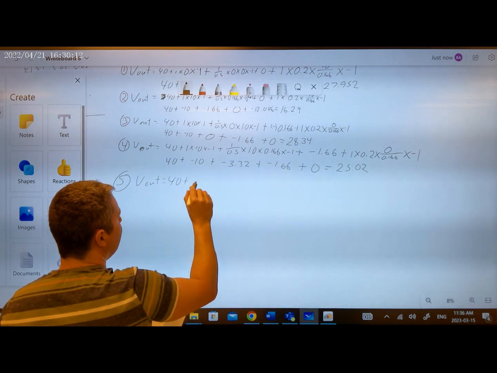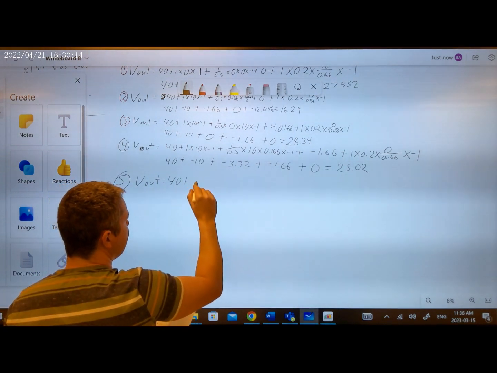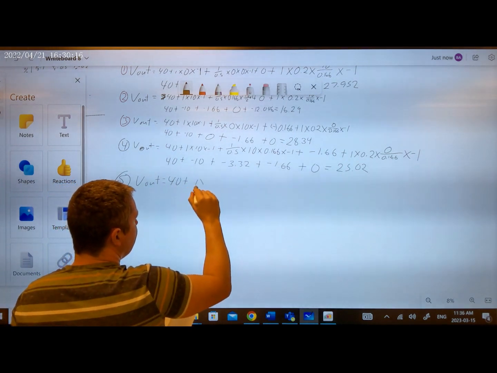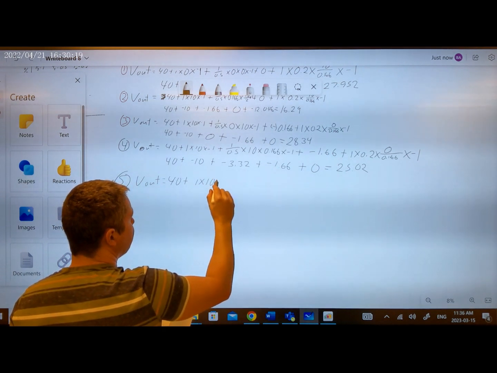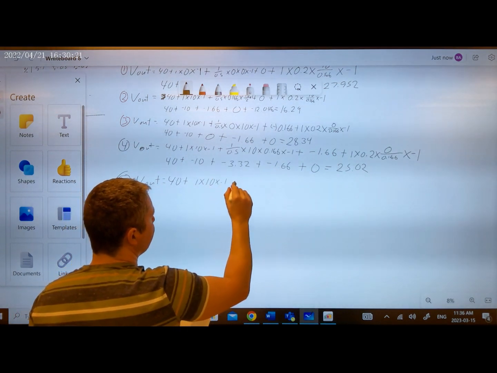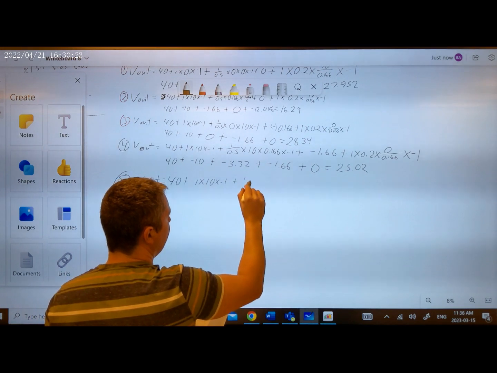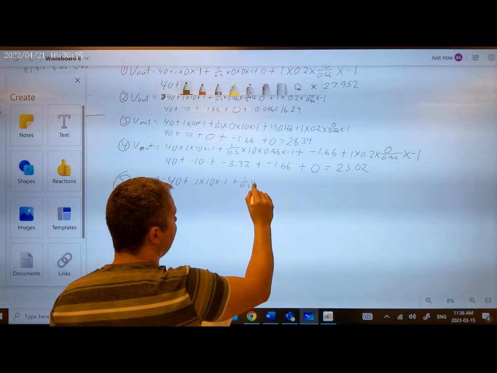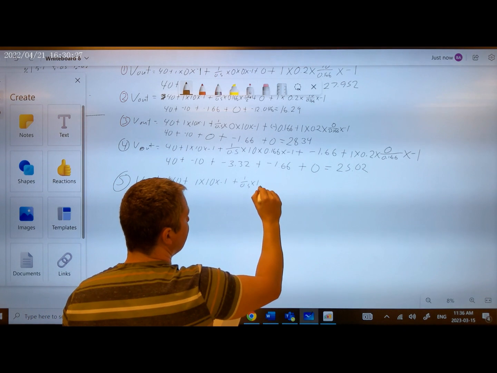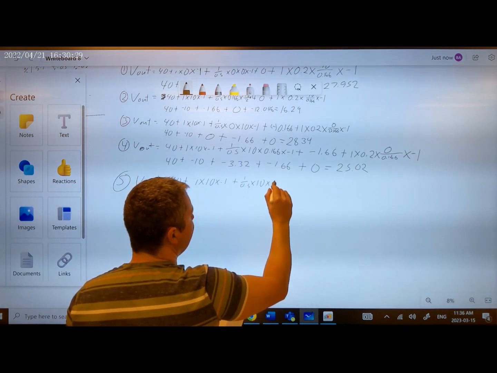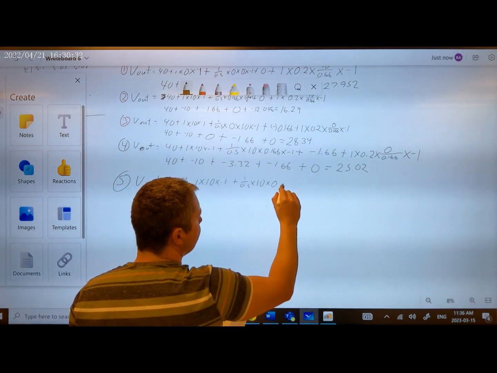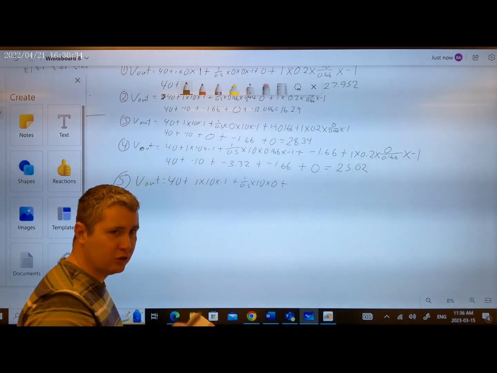40 plus, that's our bias, plus our proportional gain times our error, still 10, times our direction minus 1, plus our integral, 1 over 0.5 times. We still have an error of 10, but our time is 0, plus our cumulative integral.